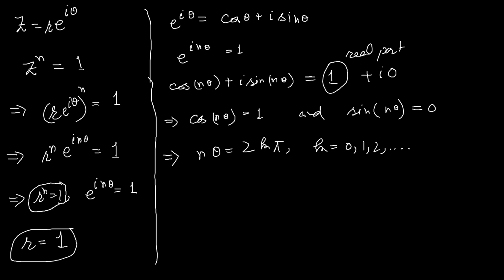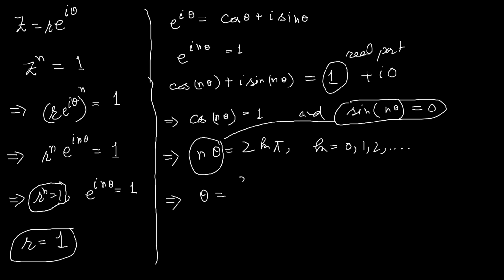And this equation also satisfies if n theta is a multiple of the angle 2 pi. From this we obtain theta equal 2k pi by n, where k is equal to 0, plus minus 1, plus minus 2, and so on.